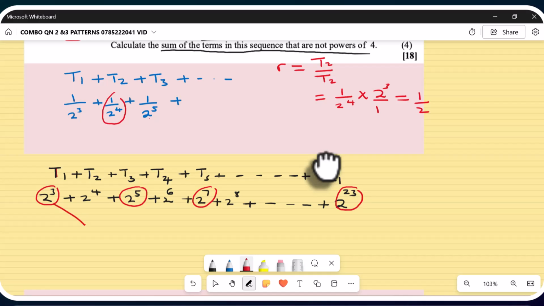Negative 5, isn't it? What about 6 minus 9? Negative 3. What about 5 minus 6? Negative 1. Then negative 3 minus negative 5 gives 2. And then negative 1 minus negative 3 gives us a positive 2.